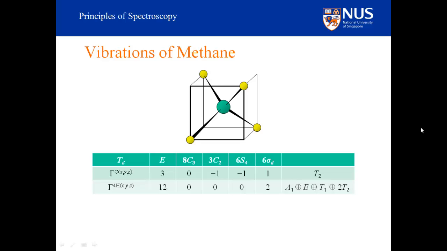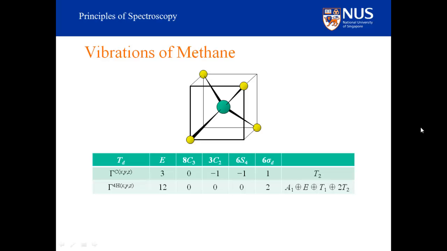For the 4 hydrogen atoms, the character under the identity will be 4, the character under C3 class will be 1, the character under C2 class will be 0, the character under the S4 class will be 0, and the character under the sigma d class will be 2.